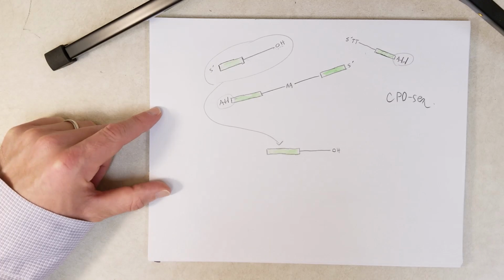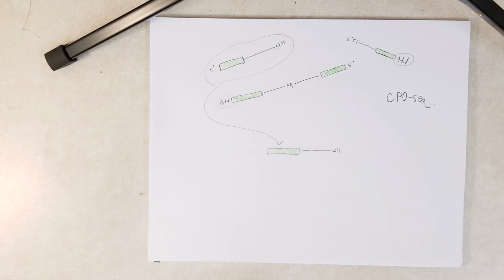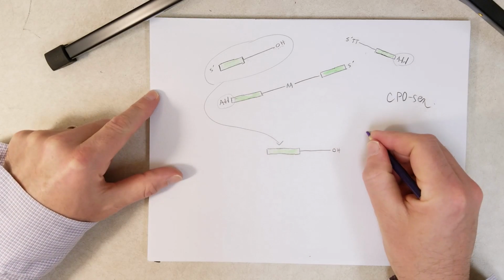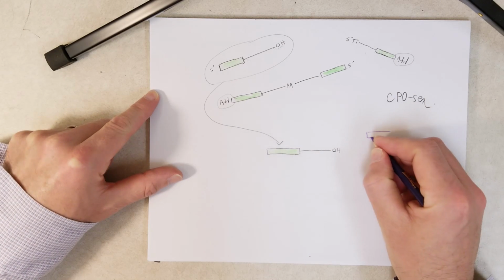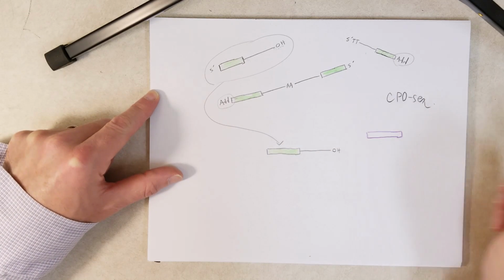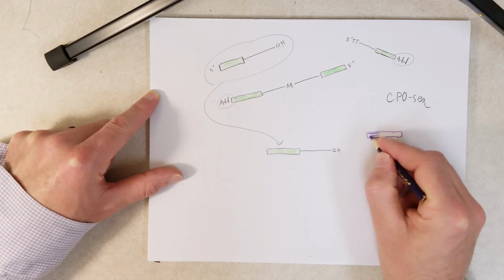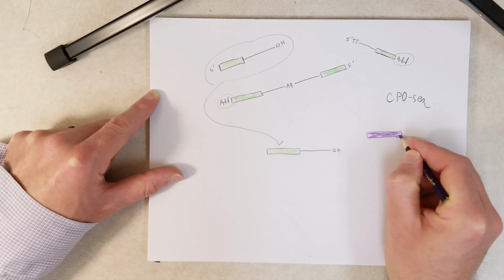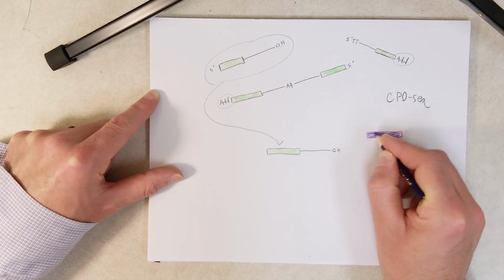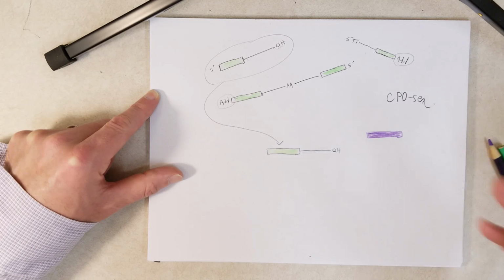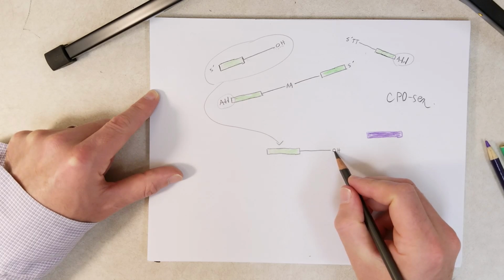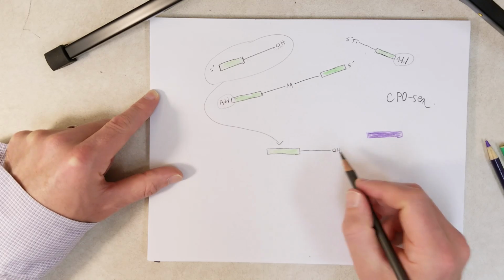So let's see here. I think I want to use this color. So at this step, another DNA adapter molecule is going to be added to all DNA molecules with a 3' OH group at the end.